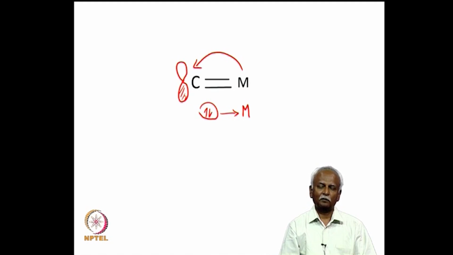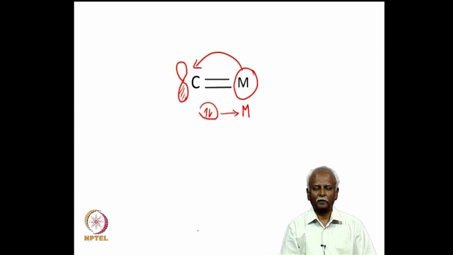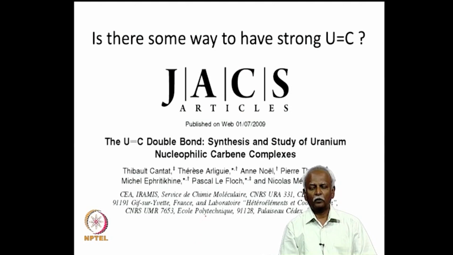But one has to choose a metal system such that the metal has got some electron density which can be donated into the carbon center. So, in the case of molecules which have, for example, a uranium metal center, it will be very difficult for the uranium, if it is in the +4 oxidation state, to give electron density to the carbon.